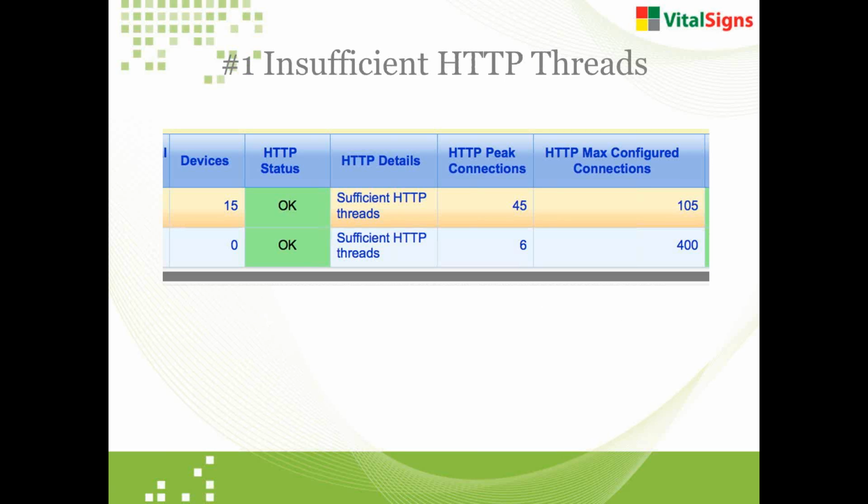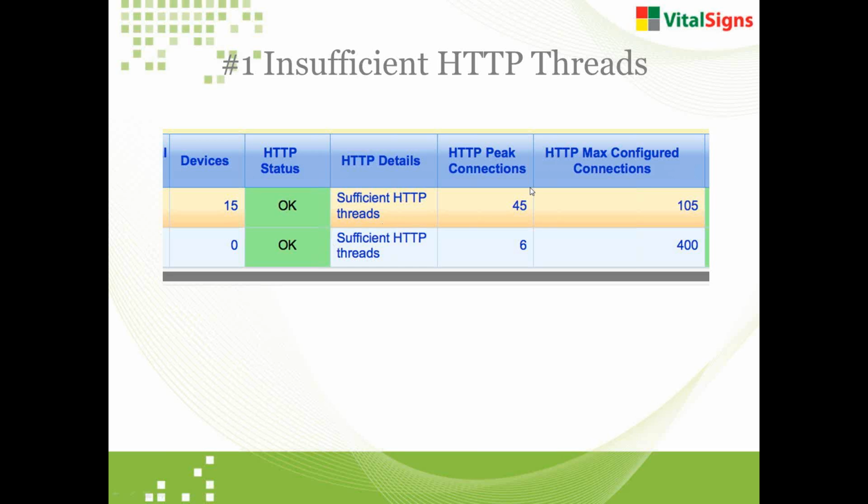So getting back to the top 10 reason number one, having insufficient HTTP threads, what VitalSigns does is it will periodically query, hey, how many devices do you have, how many HTTP threads are you configured to use, multiplying it through the complicated 1.2 formula. Do you have sufficient HTTP threads, or are you approaching a limit, or are you over the limit?